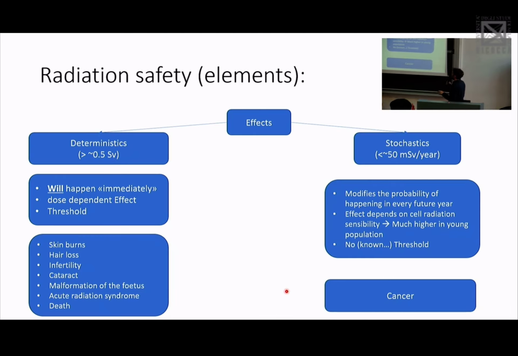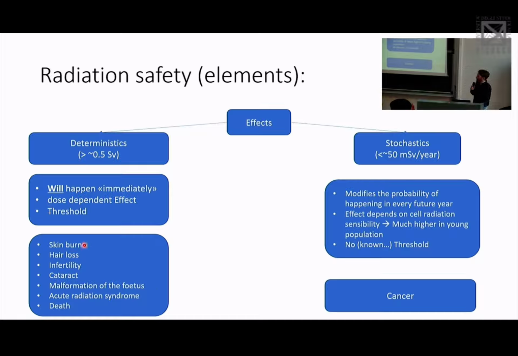The effect can be divided into stochastic and deterministic. Deterministic means they will happen for sure, and they will happen straight after the exposure to the radiation. It happens from around half a sievert onwards. And the deterministic ones are larger the more dose you get, and there is a threshold effect.